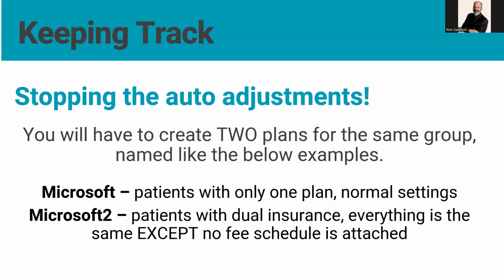That way, neither plan has the fee schedule attached. Everything walks out at the full office fee. It posts to the ledger at full office fee. And I'll do any adjustments after both plans have processed.